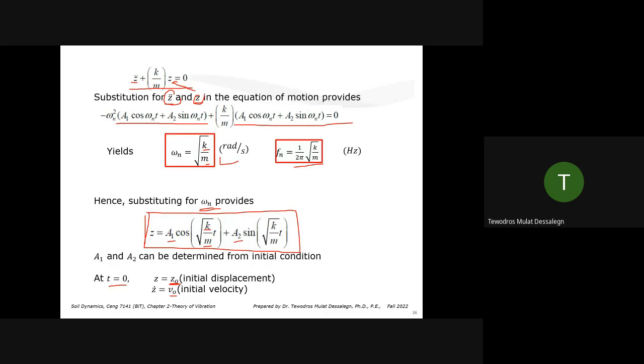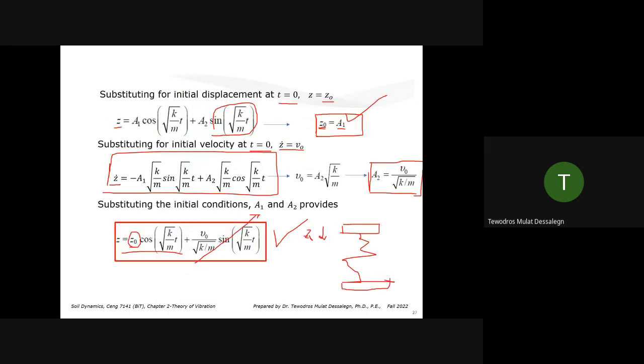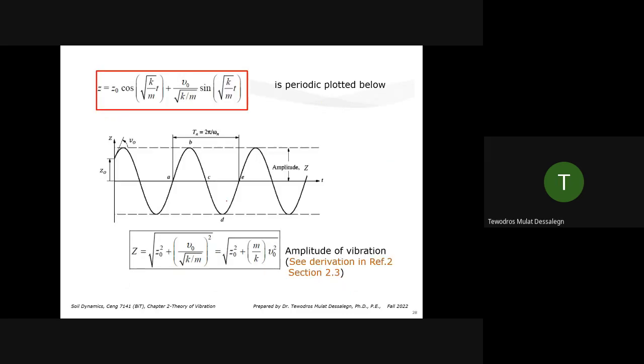What's the circular frequency? What's the natural frequency for a free vibration system? And what's the equation of the displacement? You're not even expected to memorize this, but be aware what each term is, what it means to have Z naught, what it means to have V naught, and k by m, what each term is.